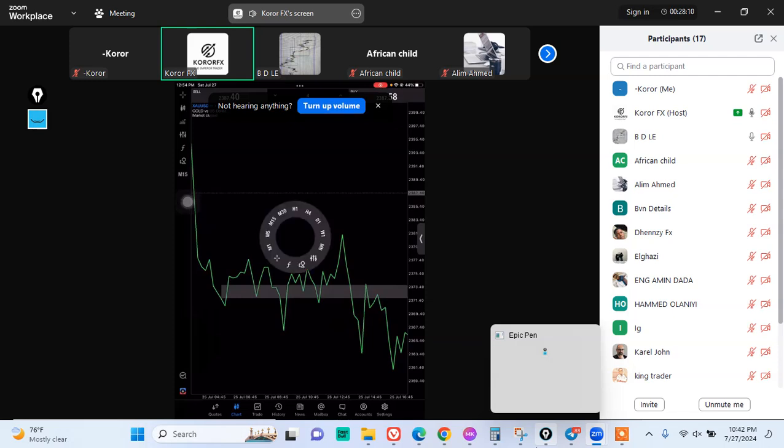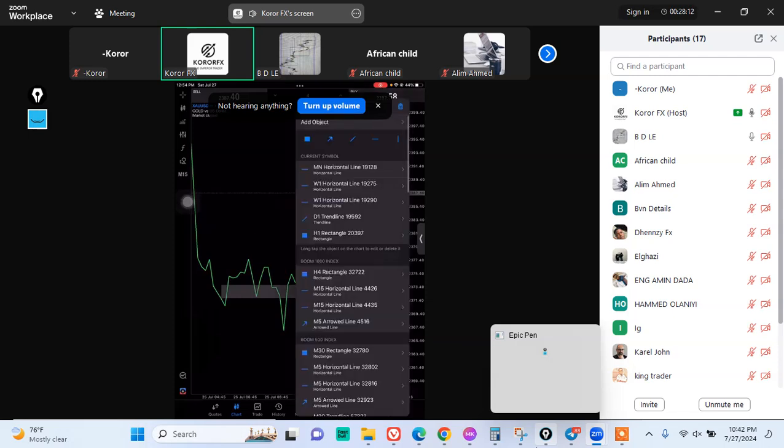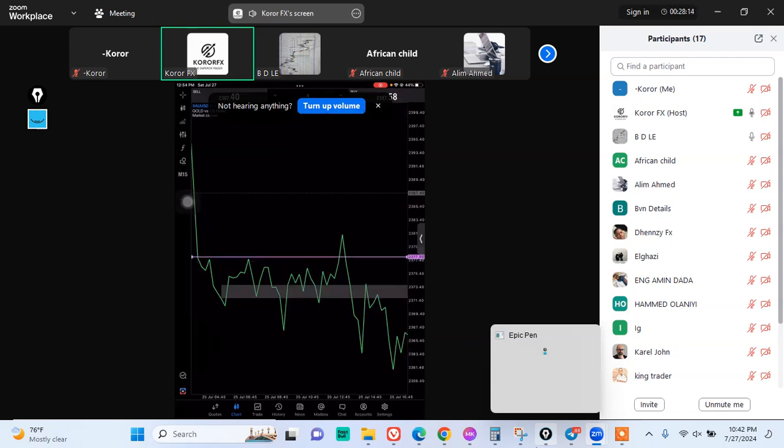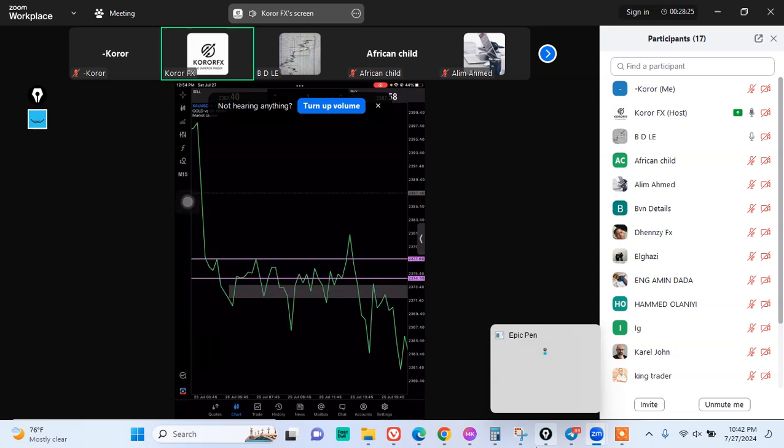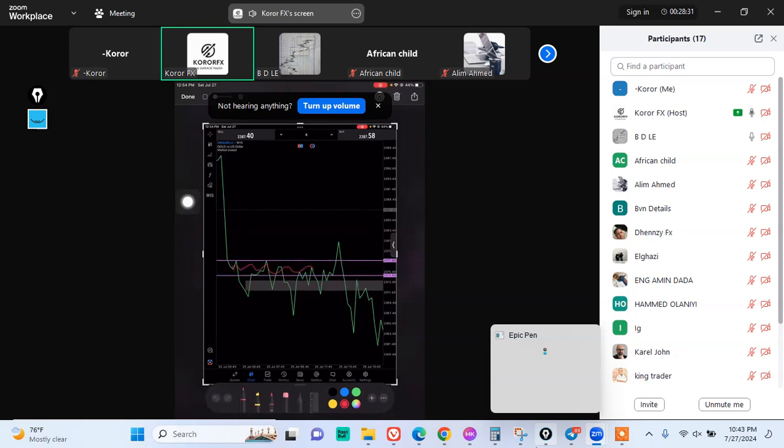I have this bigger one at the top, and also another one here. So this zone is the snatcher zone.